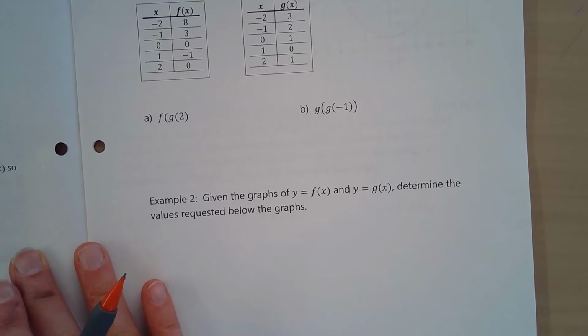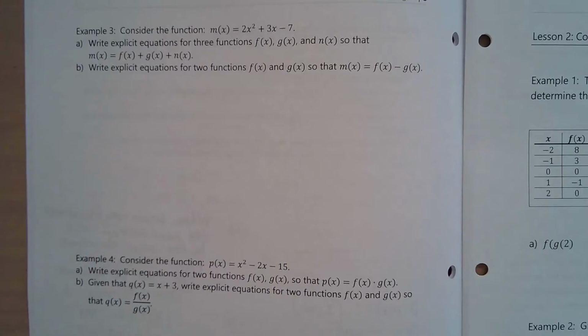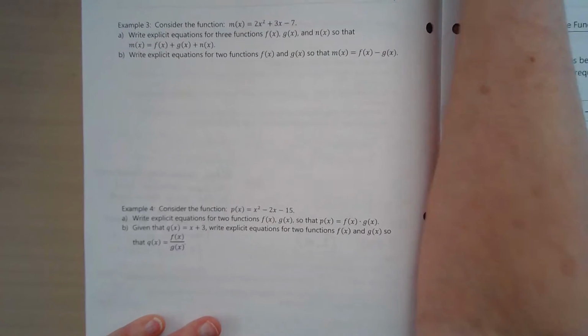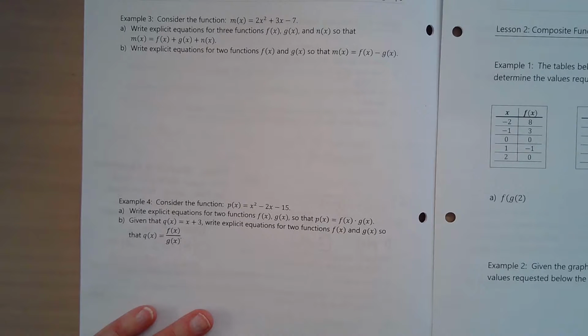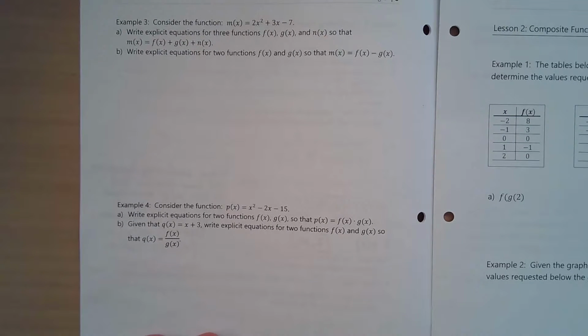Okay, let's see what's on the next page. Let's finish these last two, and then I think I'll have an assessment assignment for you tomorrow. Consider the function m of x. Write expressions for 3 functions, f, g, and n, so that they all add up to be m of x.